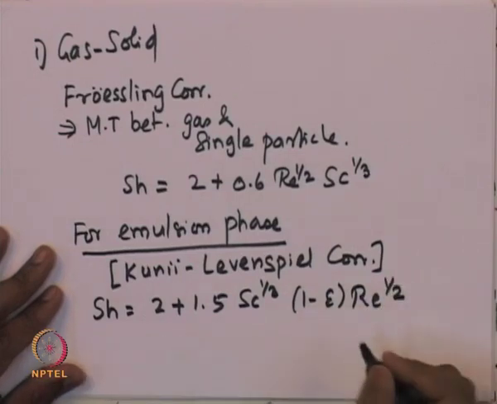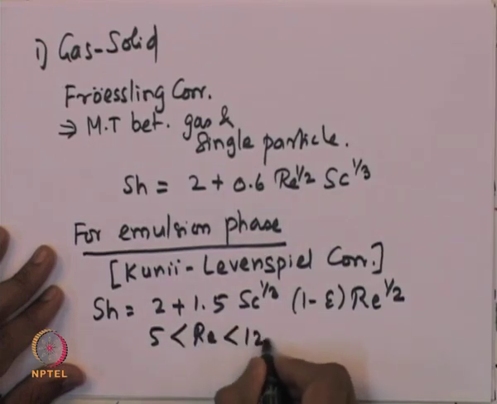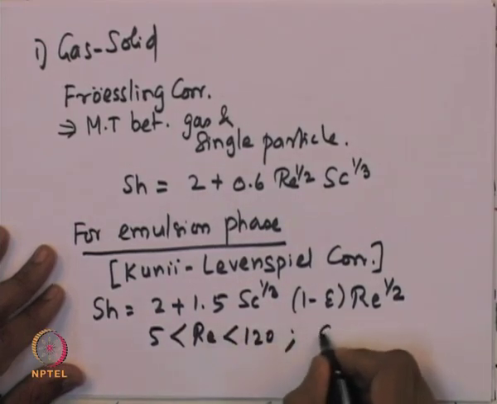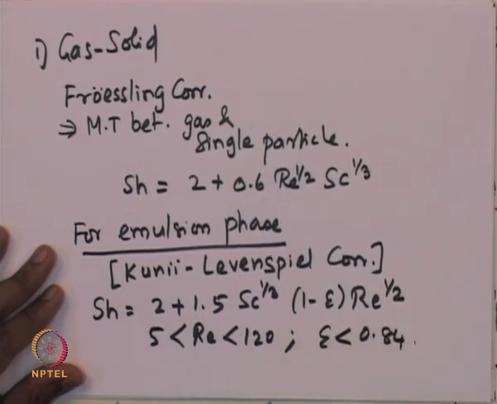The validity of this correlation is for Reynolds number between 5 and 120, and epsilon should be less than 0.84. So if the porosity is less than 0.84, this correlation works in the emulsion phase. There are different mass transport coefficients, and one needs to combine all of them to estimate the overall mass transport coefficient, because mass transport occurs through both these mechanisms.